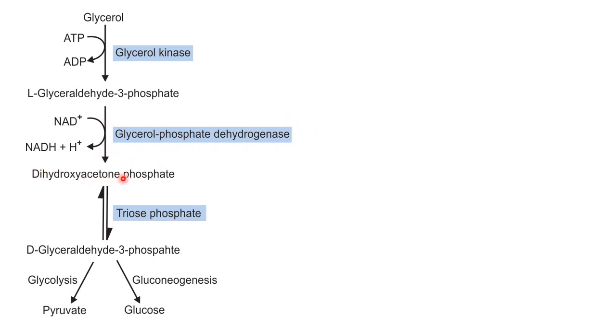This dihydroxyacetone phosphate can isomerize into glyceraldehyde 3-phosphate. If this glyceraldehyde 3-phosphate undergoes the glycolytic pathway, then it gets converted to pyruvate. If it undergoes the gluconeogenesis pathway, that is synthesis of glucose from various non-carbohydrate sources, then it gets converted into glucose. So this is the metabolism of glycerol.